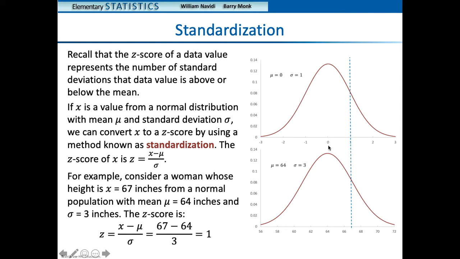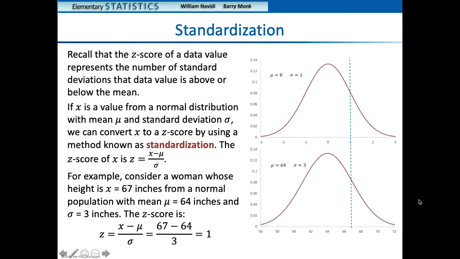Because if the mean is 0, then 1 standard deviation above the mean would just be 0 plus 1, or 1. This is 2 standard deviations above the mean, and this is 3 standard deviations above the mean, right? So in other words, we have a pretty simple way of taking any normal curve and converting that normal curve into the standard normal curve.